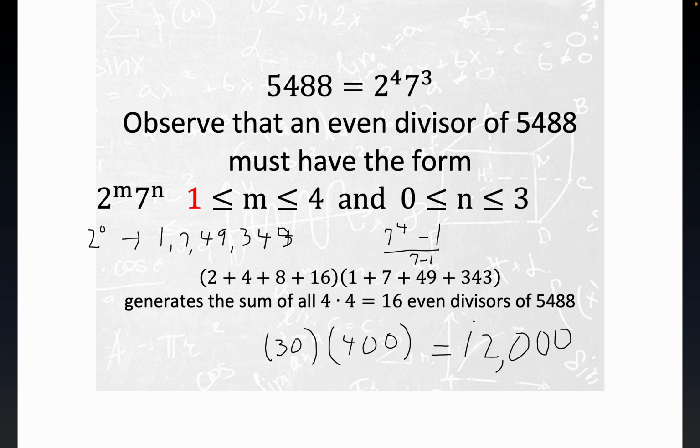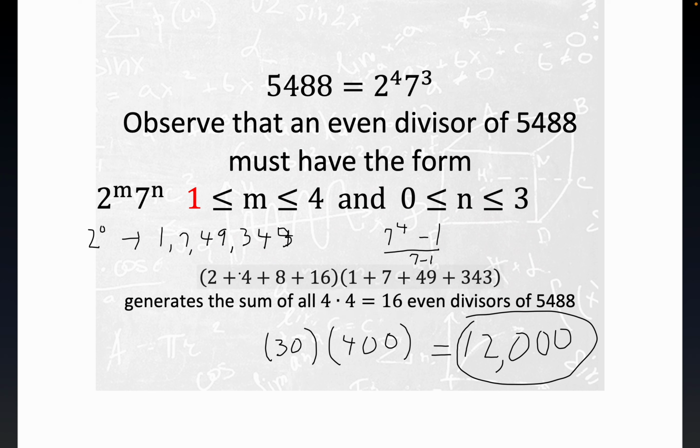But anyway, this is our answer, 12,000. To me, the key to this problem is just to note that you have to exclude the exponent of 0 on 2. And then you have to realize that this product yields 16 even divisors, although the 16 is not important. There are 16 even divisors. We answered that question too.